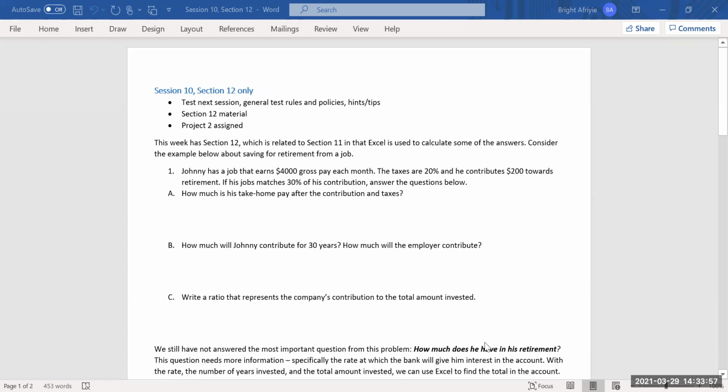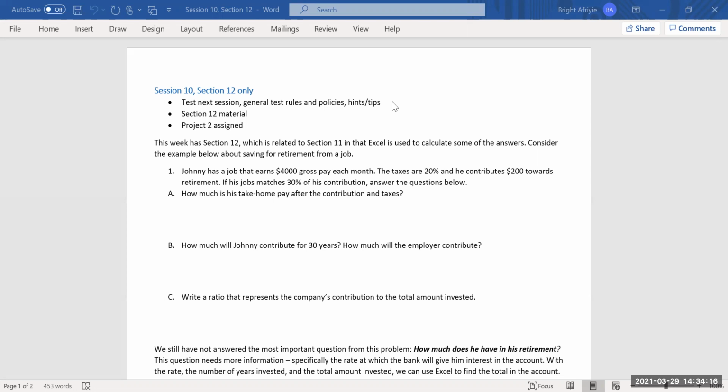All right, so let's look at these problems on section number 12. So far we've been looking at the financial section: section 10 spoke about credit cards, and section 11 spoke about loans, where we looked at the application of PMT and the present value function, which is PV.